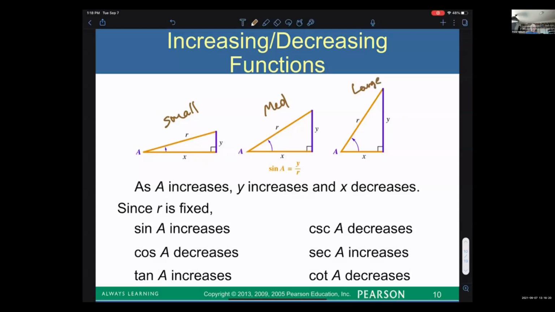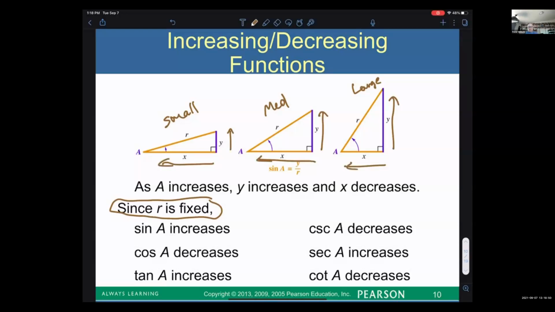Well, what's going to happen in these cases is the Y is getting taller and taller, and the X value on the bottom, if the R value is staying the same, the X value is shrinking. So if the R value stays constant, since it's saying here R is fixed, then the Y value is going to be increasing, while the X value is going to be decreasing.